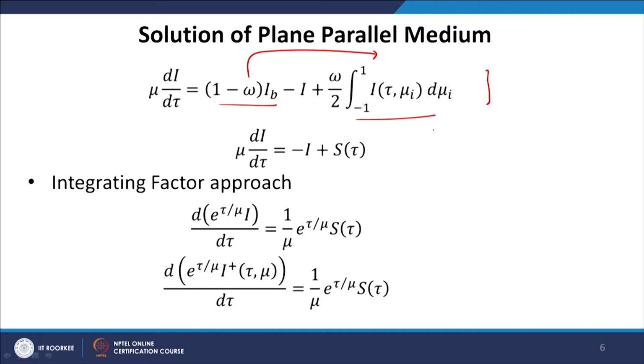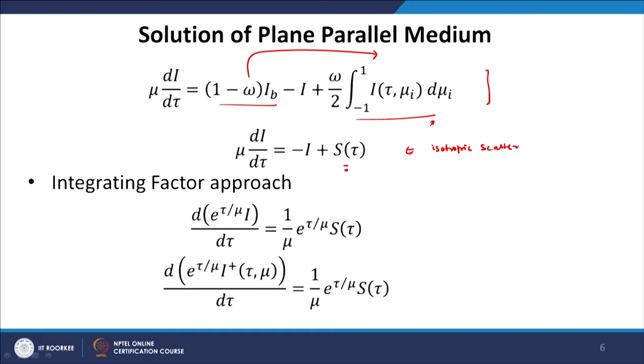So, these two augmentation terms we put as S tau, the source term. Now, I b is also not a function of mu, and this scattering term is also not a function of outgoing direction. So, we have basically S as a function of tau only, and this is only for isotropic scattering.